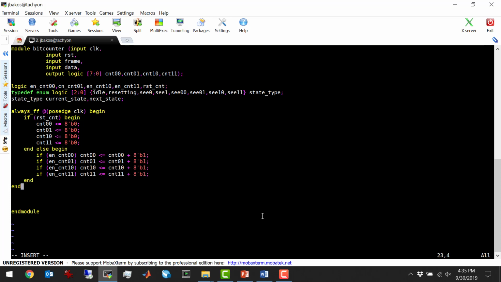And then I need my clock logic, so always_ff at posedge clock. I'm also going to put a posedge reset in here as well. I'm going to make this an asynchronous reset. And I'll do if reset, then current state equals idle, else current state is assigned to next state.